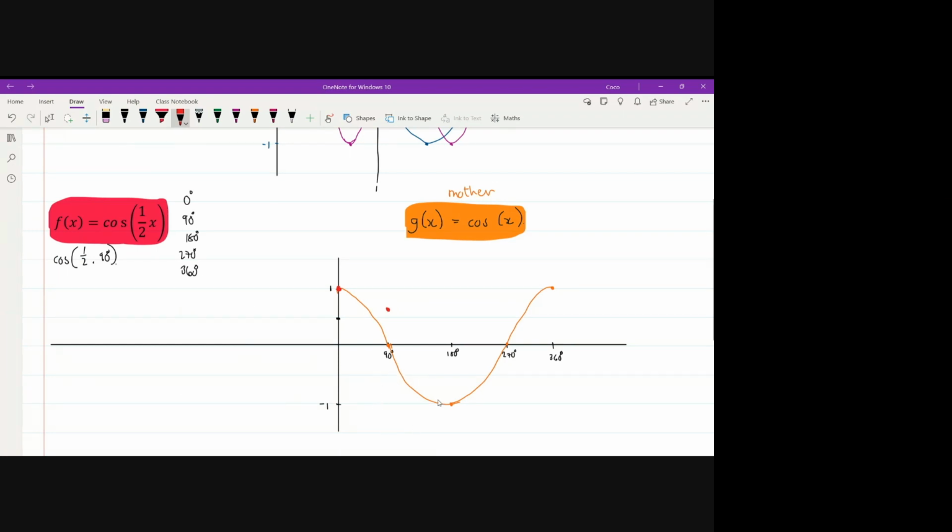Let's do cos of 180 and see what that gives us. Zero. Good, it gives us 0, lovely. So at 180, we will get to 0. Let's go to 270. I'm going to guess it should be negative 0.71.